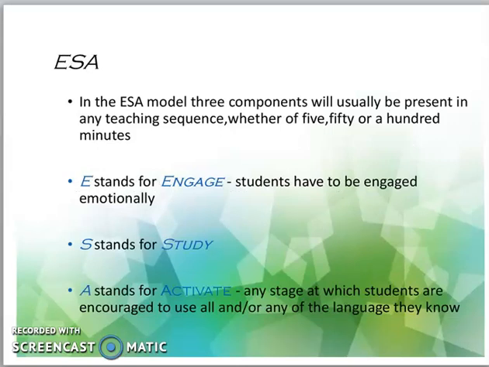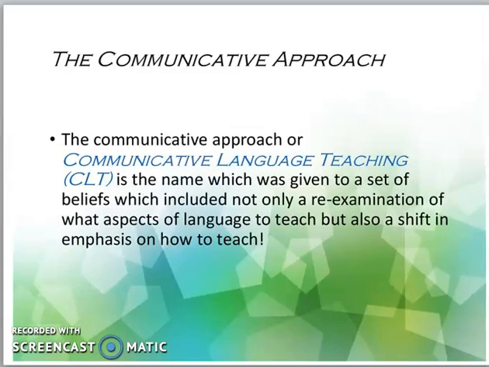In the ESA model, three components will usually be present in any teaching sequence, whether 5, 50, or 100 minutes. E stands for engage. Students have to be engaged emotionally. S stands for study. A stands for activate. Any stage at which students are encouraged to use all and or any of the language they know.